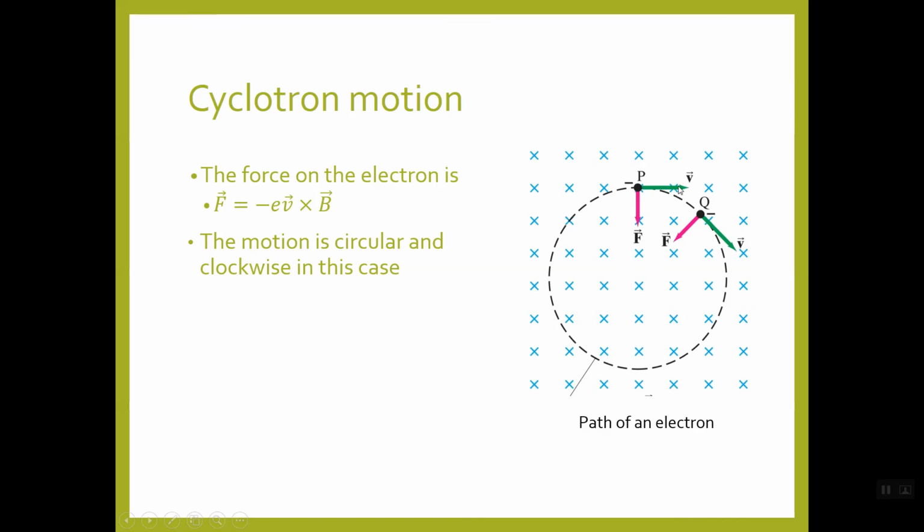If we use the right hand rule, the thumb in the direction of the velocity, your index finger in the direction of the magnetic field, so going into the board, you get a force, your middle finger direction, which would be going up, but we have a minus sign because it's an electron, so we get a force pointing inward. You can do the same thing here to find that force, and so you get this circular motion. And in this case, with our magnetic field going into the page, it's clockwise.